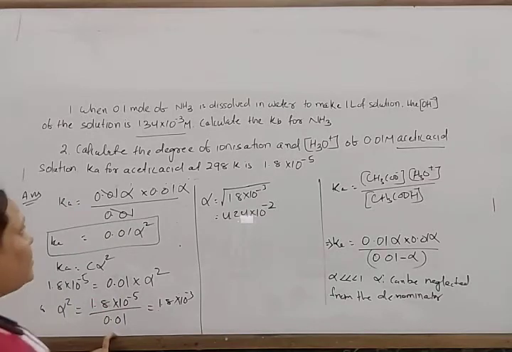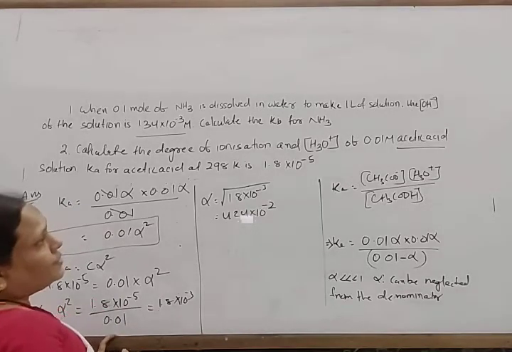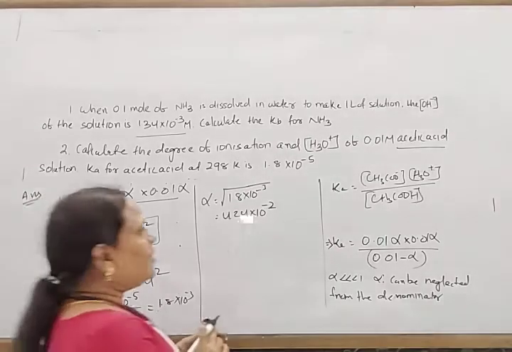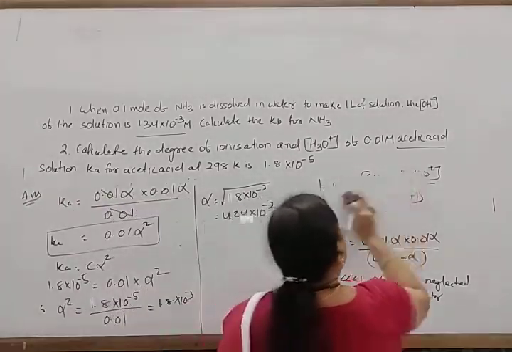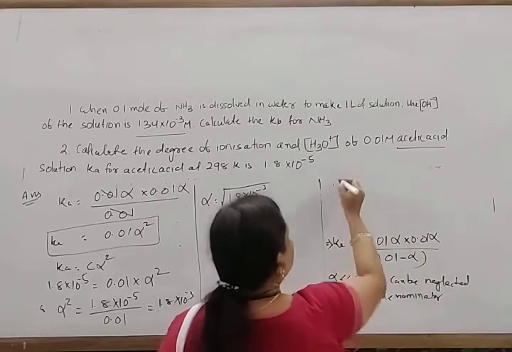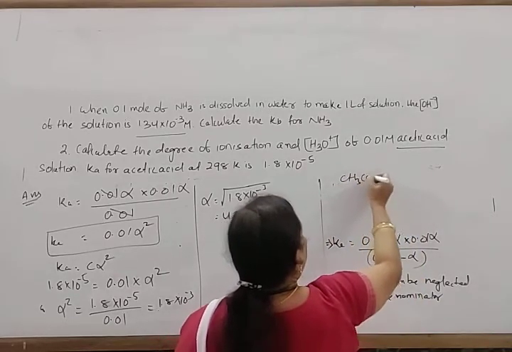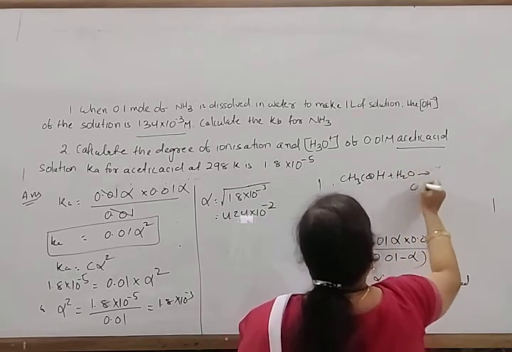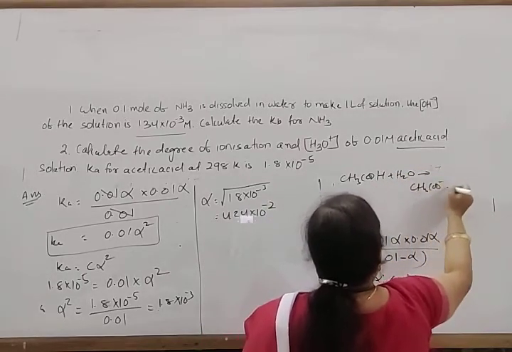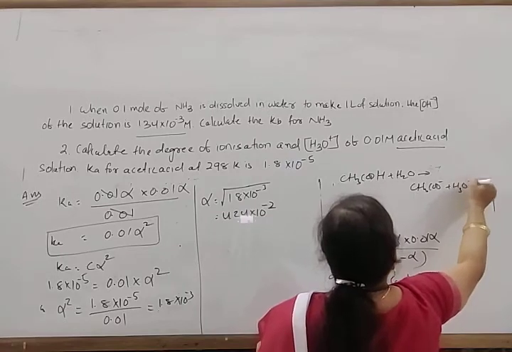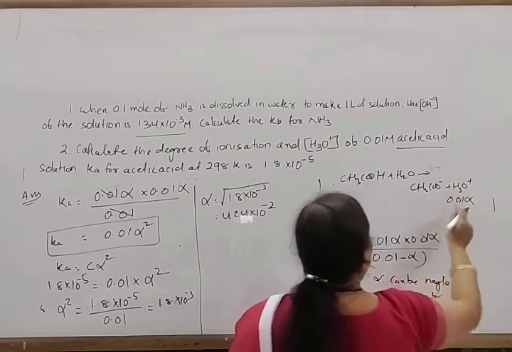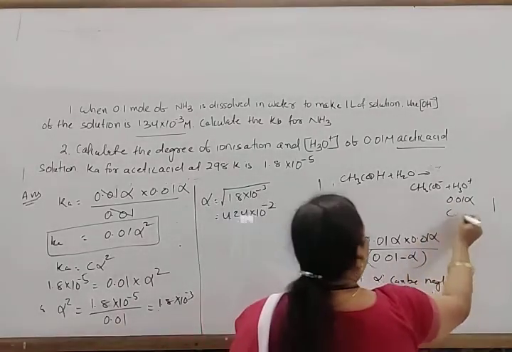Another thing asked is the value of H3O+. Previously I explained that, when you wrote the concentrations for CH3COOH plus water giving CH3COO- plus H3O+, the concentration here is 0.01 into alpha, that is C alpha.